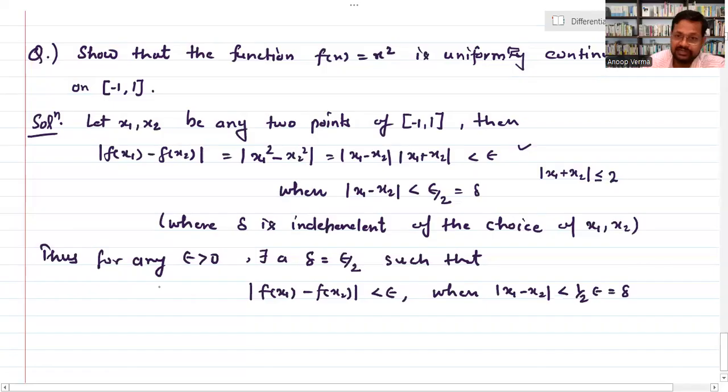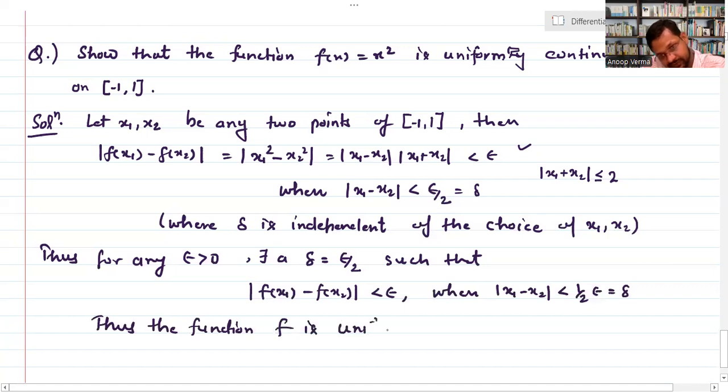So thus the function is uniformly continuous. So by definition, we are able to prove it. And by the result, we can say it is obvious that the function f is uniformly continuous on this interval -1, 1.